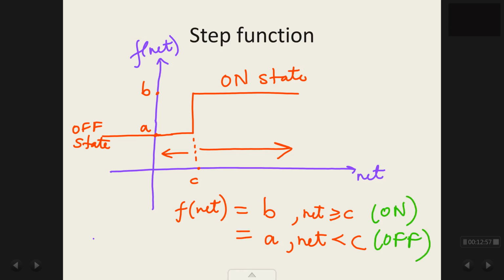Basically, if you know the meaning of a step, this just resembles a step. So this is a step function.